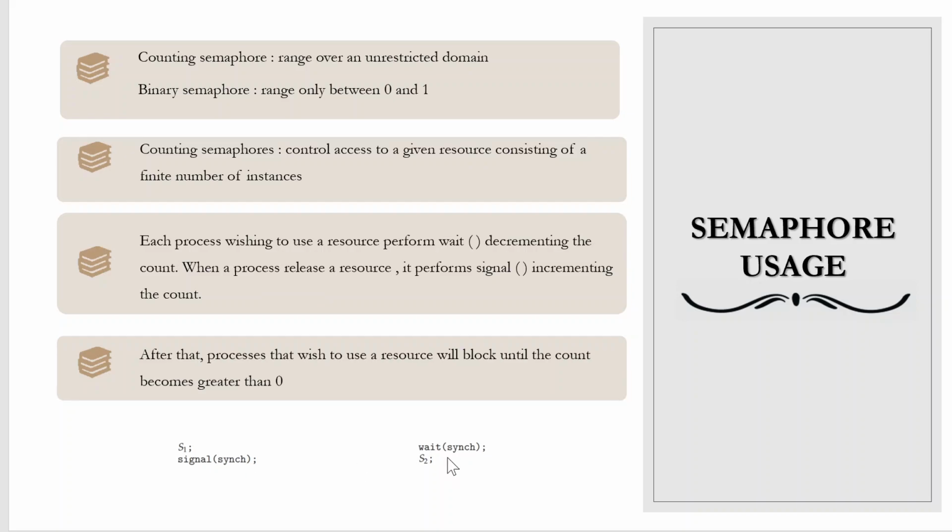In process P1, we insert the statements S1, signal(sync), and in process P2, we insert the statements wait(sync), S2. Because sync is initialized to 0, P2 will execute S2 only after P1 has invoked signal(sync), which is after S1 has been executed.